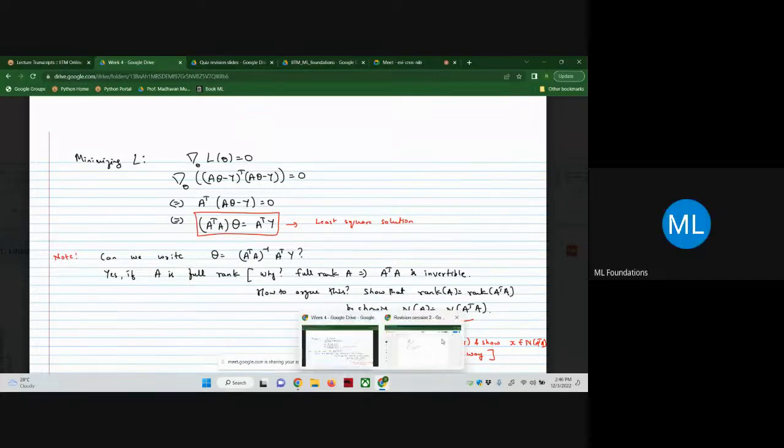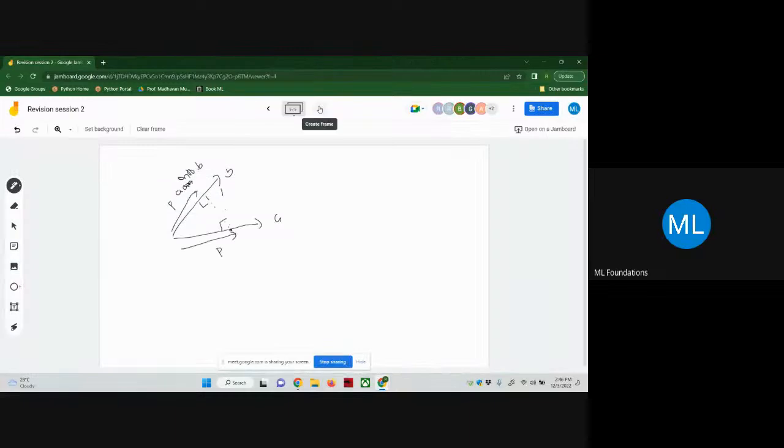Wait, let me just write it down. Here we have (A theta minus y) transpose multiplied by (A theta minus y). So what do you get? You get (A theta) transpose, which is theta transpose A transpose, minus y transpose, multiplied by (A theta minus y).